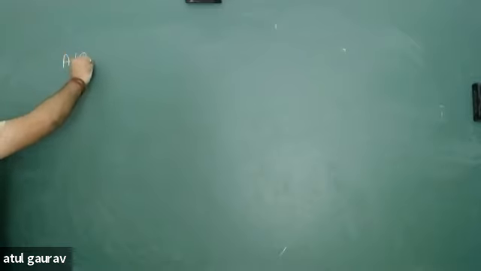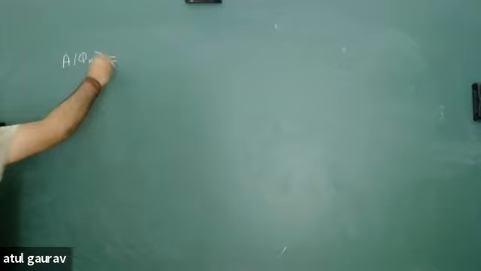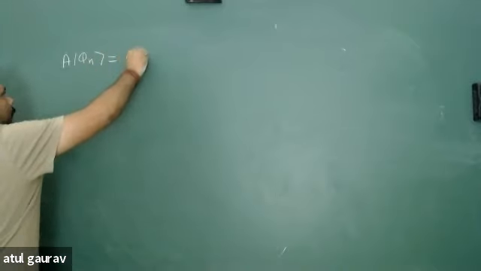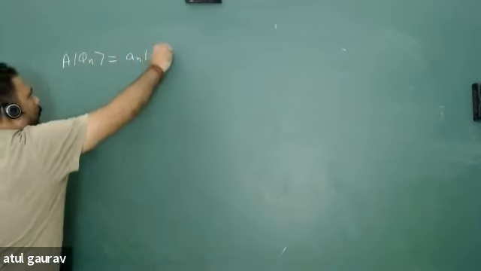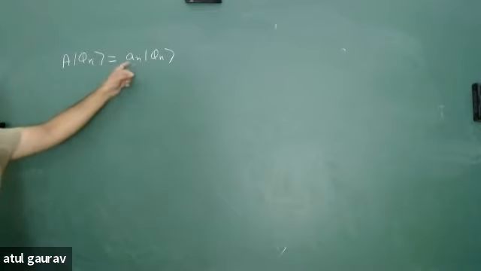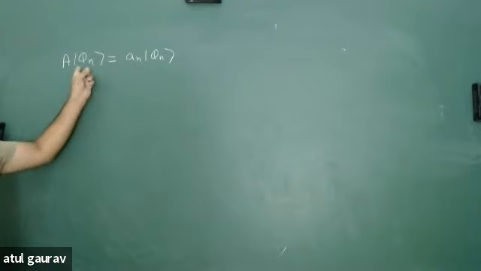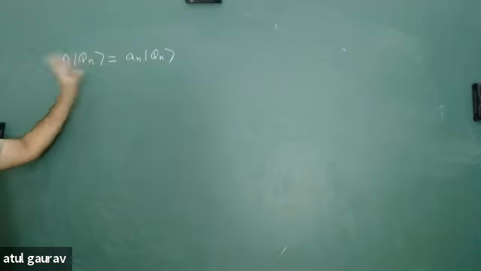Look at what we have. Suppose I have an operator A, and A will operate on φ_n. We will get a_n φ_n. So what is a_n? a_n is the eigenvalue of operator A with eigenvector φ_n.